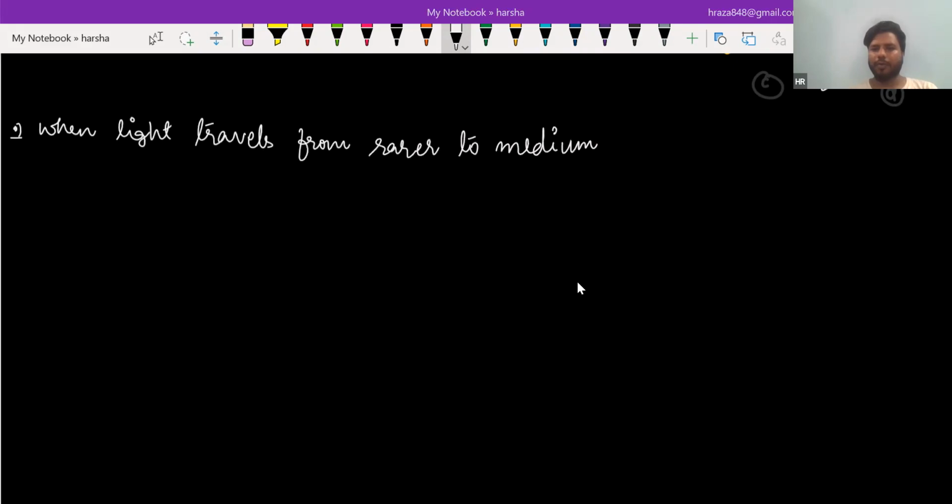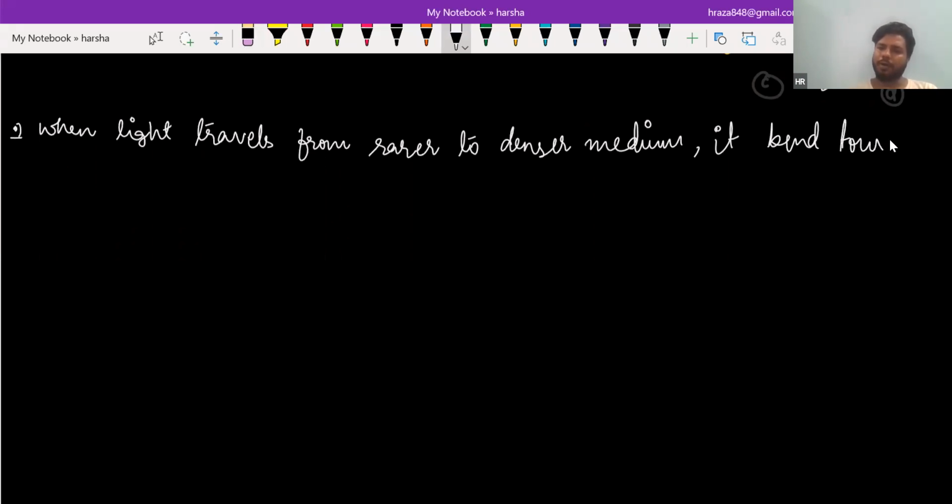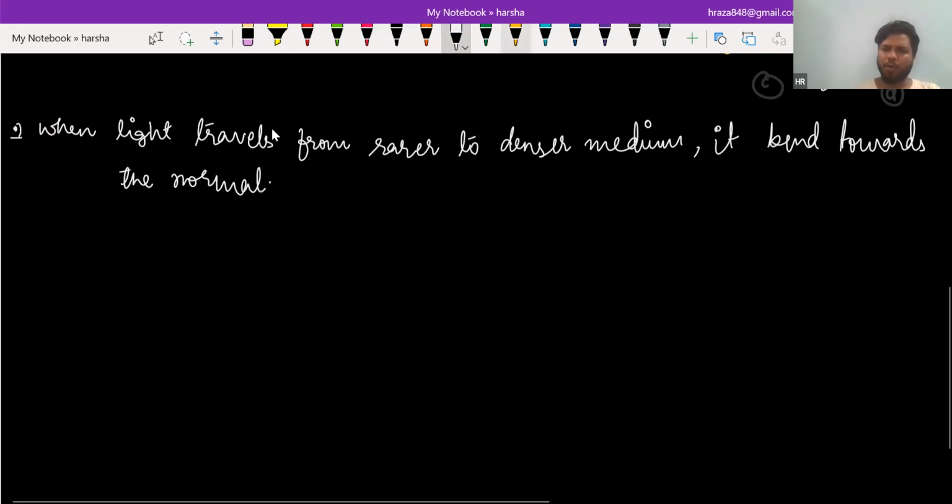Whenever light travels from one medium to another medium, it will bend. When light travels from rarer to denser medium, it will bend towards the normal. And whenever it bends towards the normal, the angle of refraction will decrease.